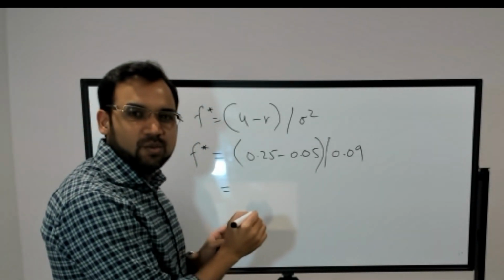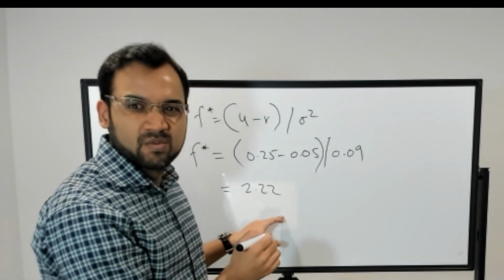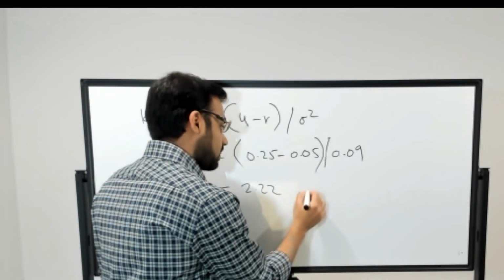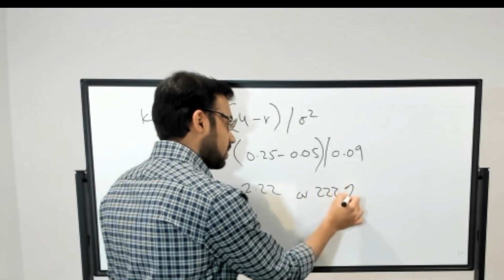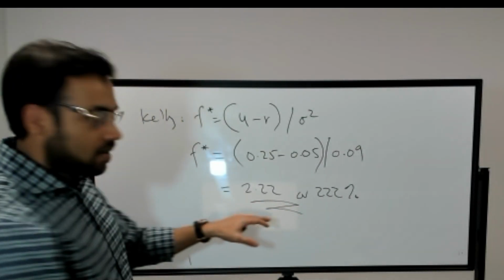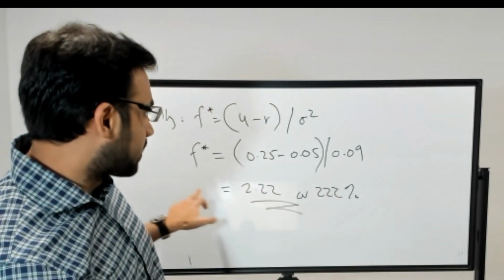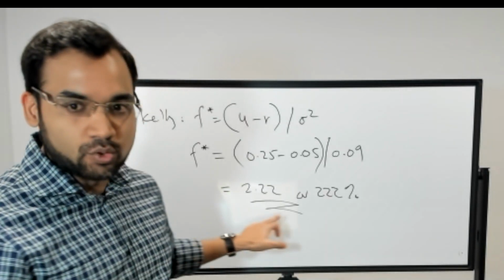Which would give you 2.22, or you can also write that as 222%. So for the strategy that I mentioned before, the optimal Kelly would be 2.22.